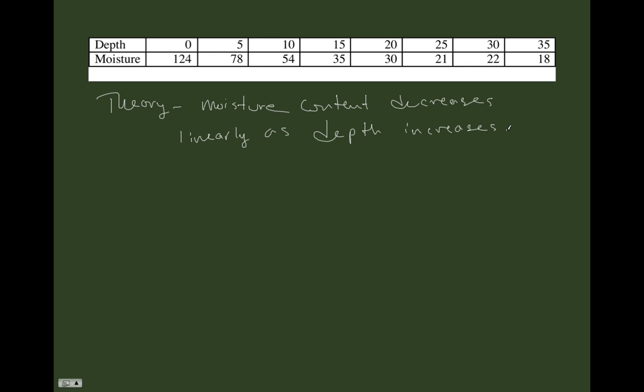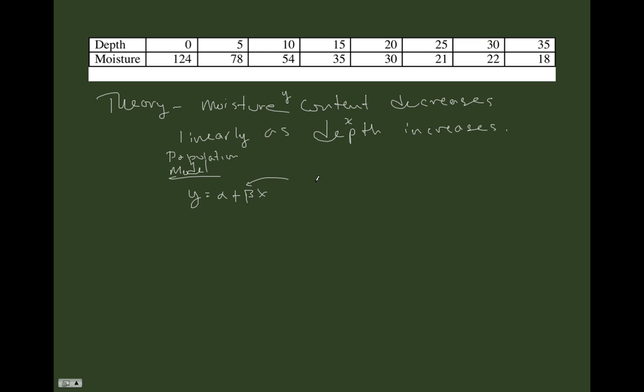Moisture content is our y variable, and depth is going to be our x variable. The model that we're talking about for the population, always we're modeling the population, is y equals alpha plus beta x. And beta is the slope that we're interested in.